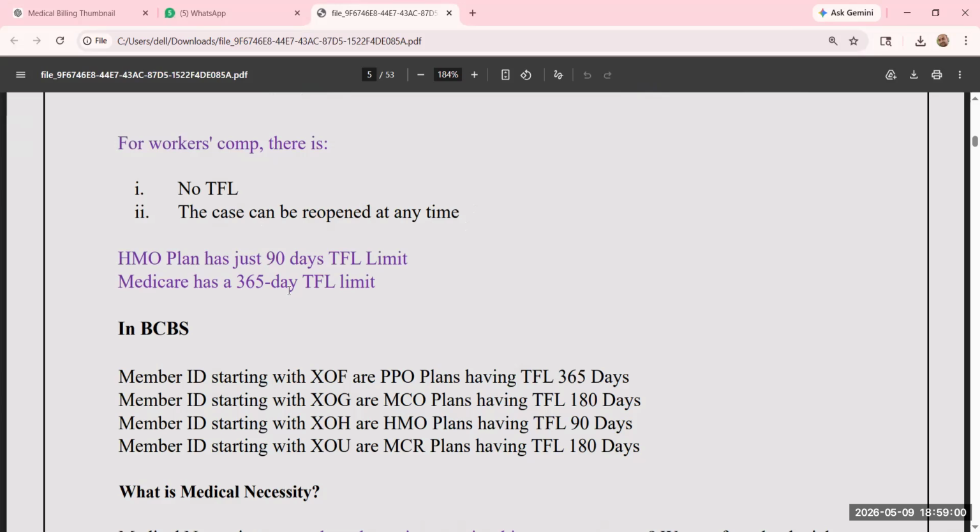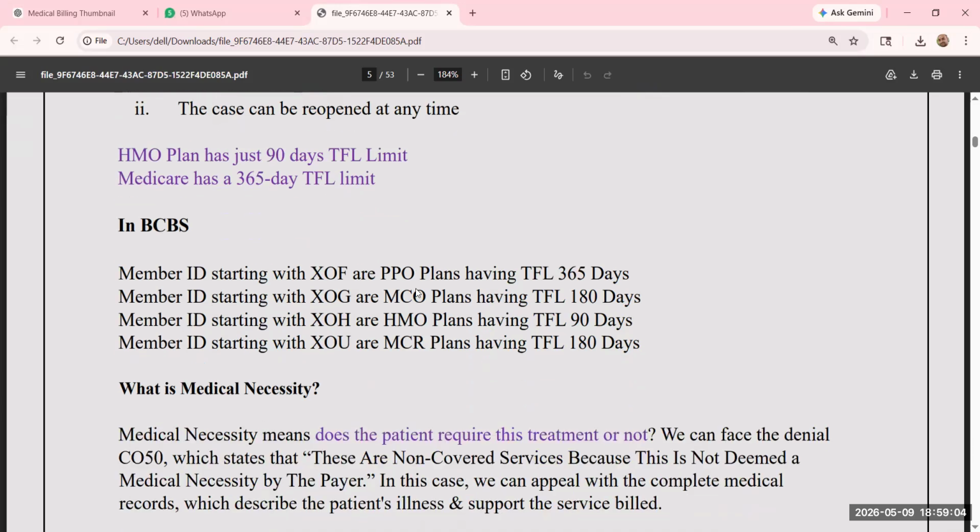Medicare has a TLF of 65 days, as I told you. For BCBS, member IDs starting with XOF, PPO plans, have a TLF of 365 days. Member IDs starting with XOG, MCO plans, have a TLF of 180 days.